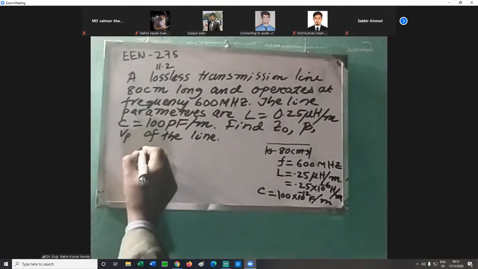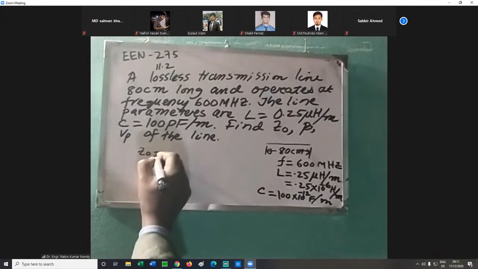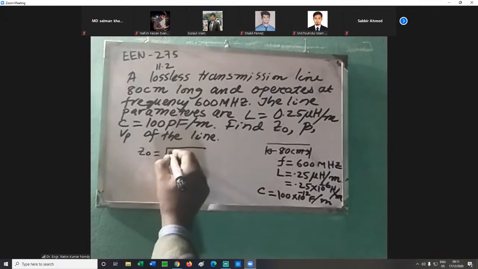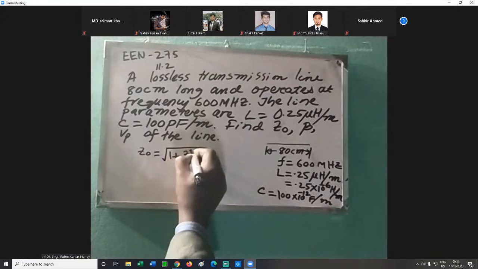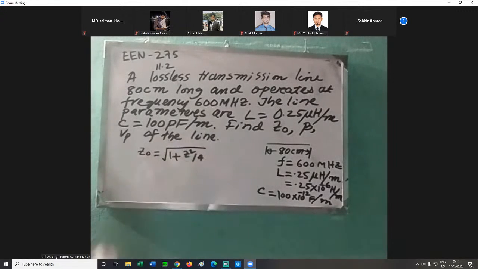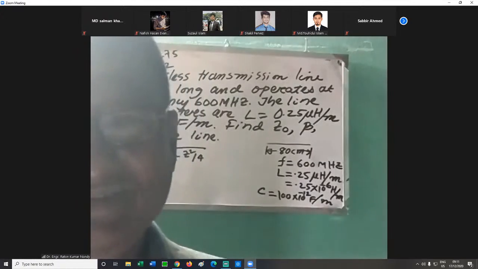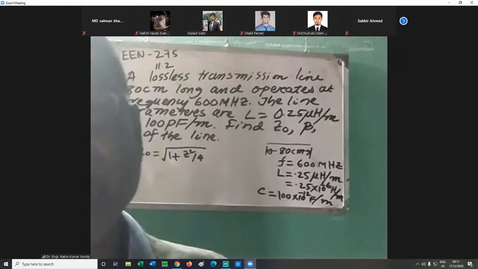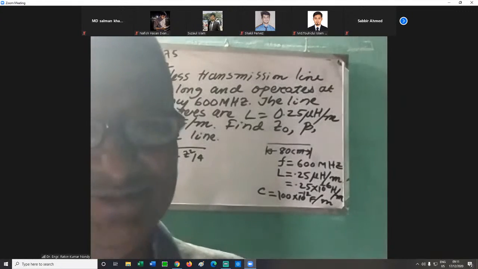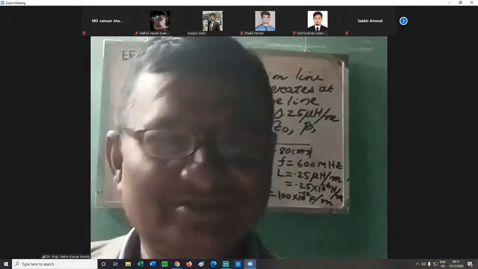You know Z0 is equal to root over Z1 plus Z1 squared by 4. That equation we know, we derived.